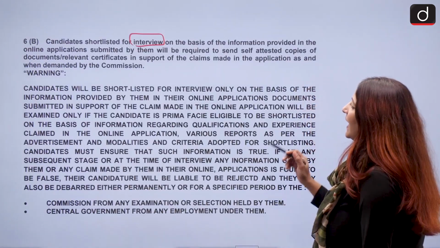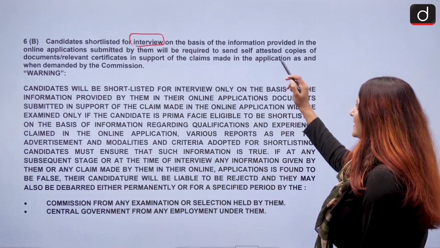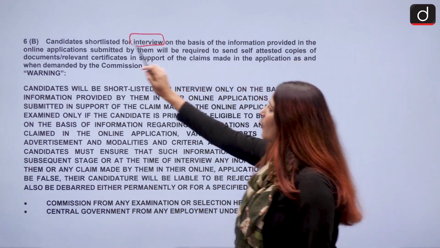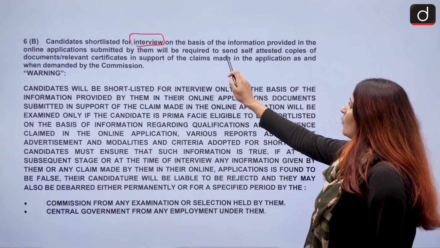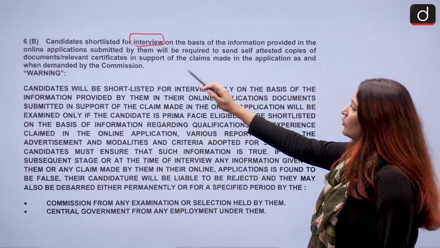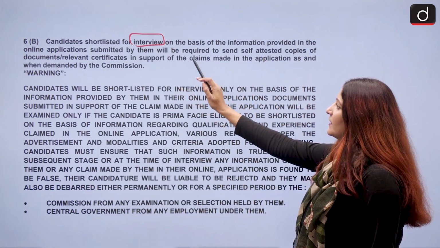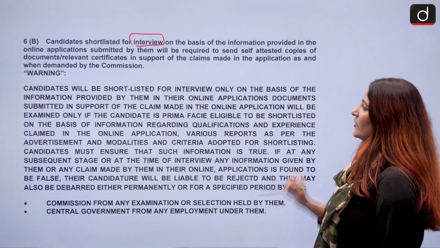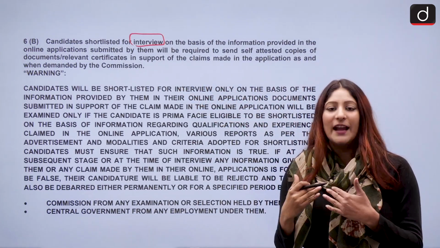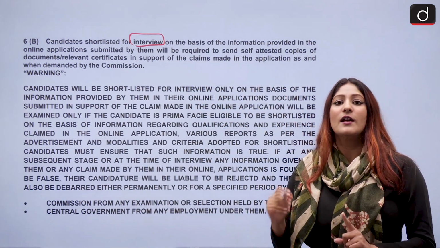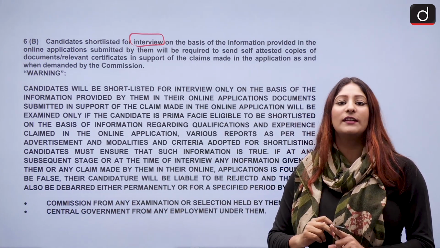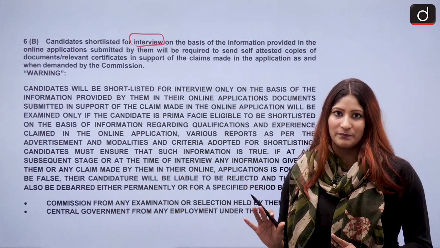Alright. So candidates shortlisted for interview on the basis of the information provided in the online application, ORA, submitted by them will be required to send self-attested copies of documents, relevant certificates in support of the claims made in the application. So my shortlisting for the interview at first will be done on the basis of the information that I am giving in the ORA.